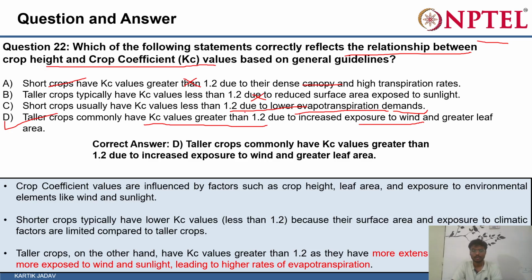So we cannot state it directly, but the condition shown in option D, that taller crops have a higher Kc value greater than 1.2 due to this specific reason, is right. So these options are more representative. Though in general this is also right, the more accurate answer is option D.